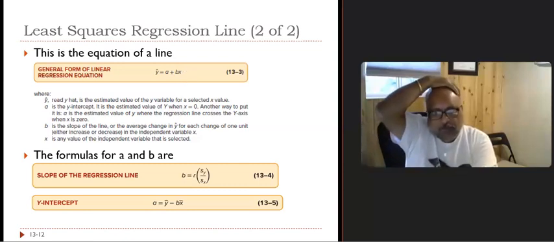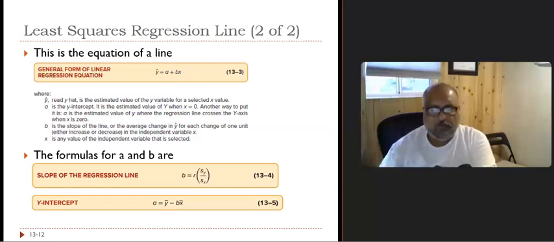So once we have the equation of a line, we can use it to find, for various values of x, the corresponding value of y. And the slope, again, as I said, the slope of a line is given by this formula: b is equal to rise over run. Rise means sy, and run means the value as x changes, the sx.